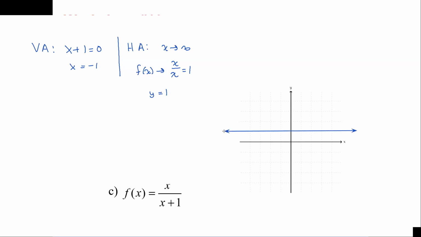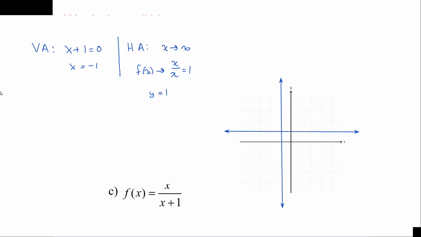All right, so our last one, C, vertical asymptote. We have x plus 1 would have to equal 0, so it's at x equals negative 1. Horizontal asymptote: if x is going towards infinity, f of x approaches a leading term of x on top, and the bottom is just a leading term of x. So y equals 1 is your horizontal asymptote. Asymptote here and asymptote here.